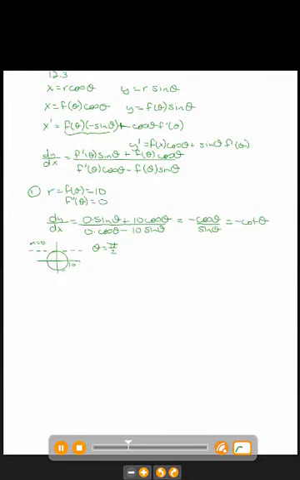The slope is going to be 0. So let's check it. We're doing negative cotangent of pi over 2. That is true. Pi over 2 gives you 0. The same thing's going to happen when I do 3 pi over 2. That will also be 0, so that's the point down at the bottom here.